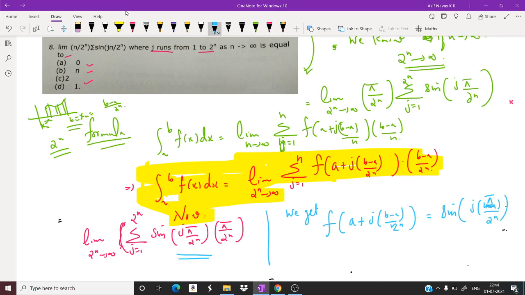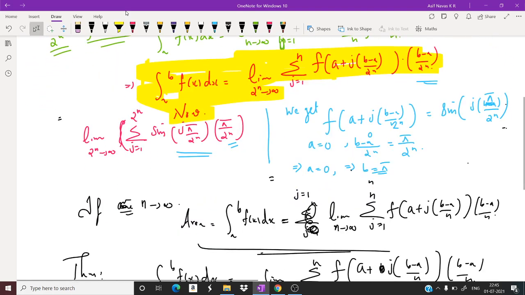So now I can take a equal to 0. So here there is no a, and b minus a by 2 raised to n is equal to pi by 2 raised to n. From here we get a equal to 0, and if I put a equal to 0 and equate, we get b equal to pi.